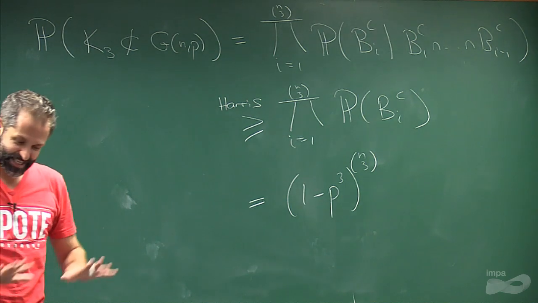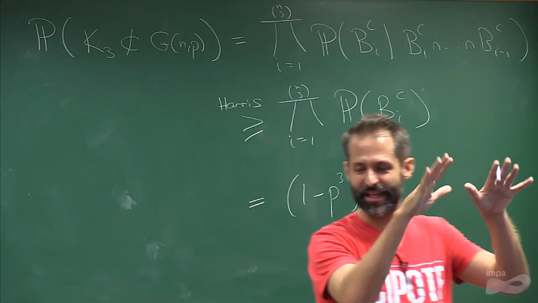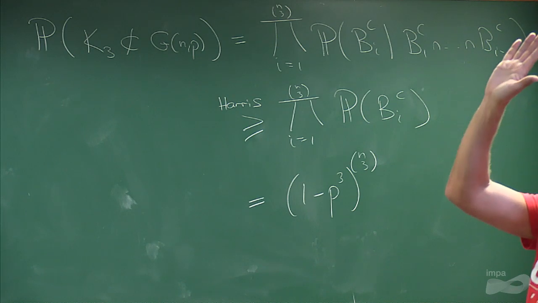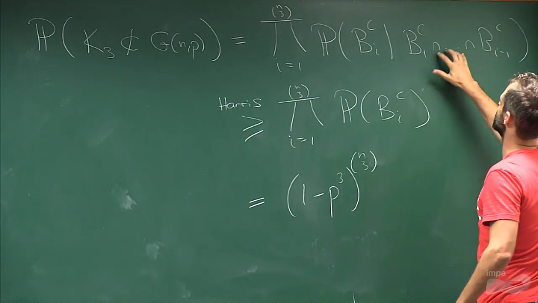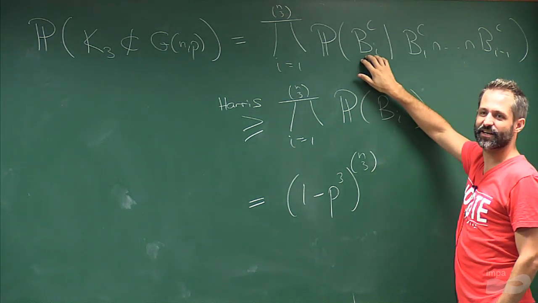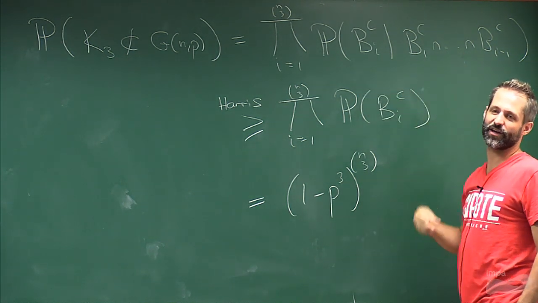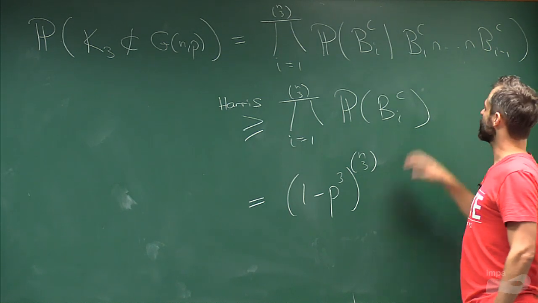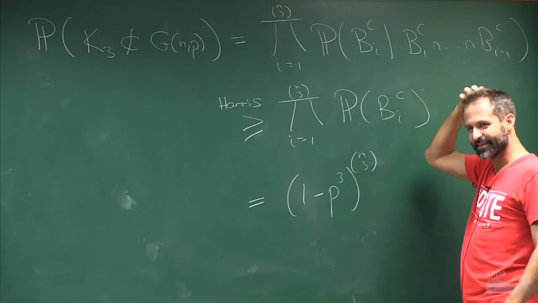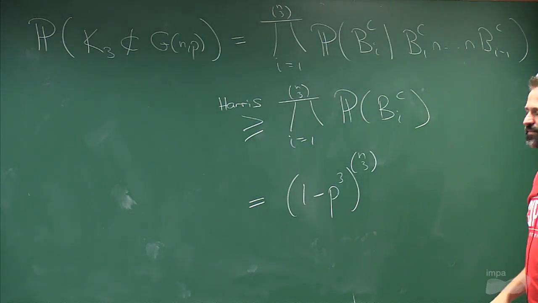If they're going in the same direction, they help each other. If they're going in opposite directions, they hurt each other. And this is decreasing, and this is decreasing, because it's not having a triangle. So this helps this.